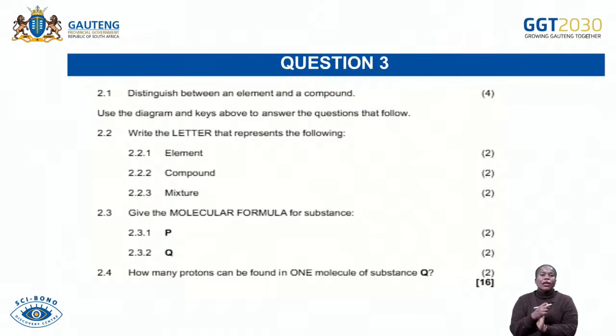That is how you're going to be responding to 2.3.1 and 2.3.2, so that it's easier to give the molecular formula. The last one says, how many protons can be found in 1 molecule of substance Q?